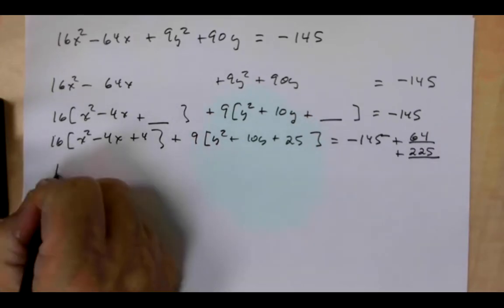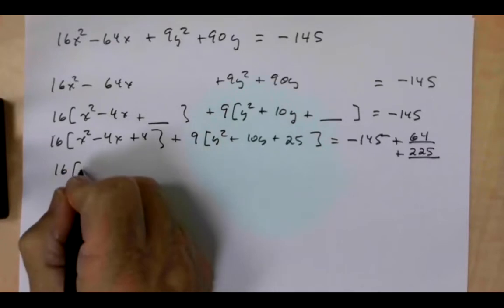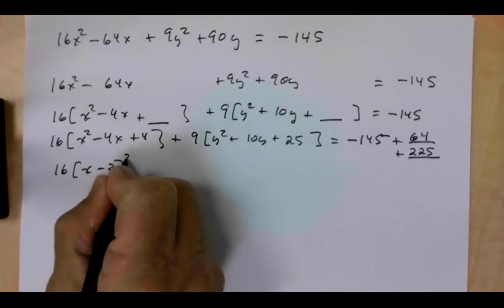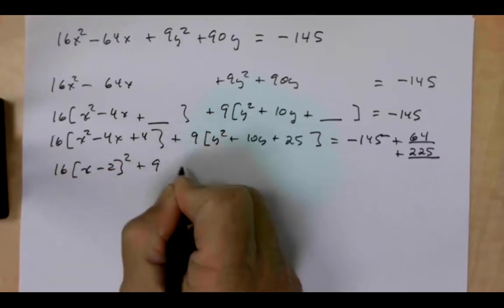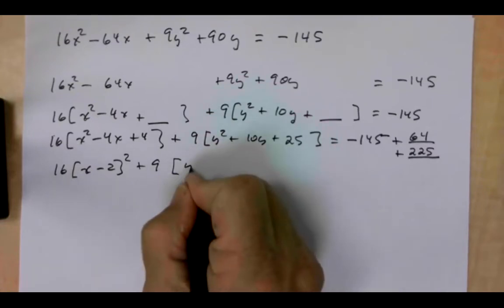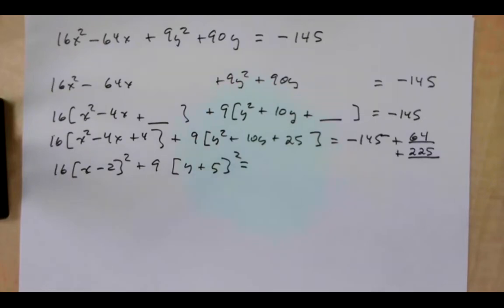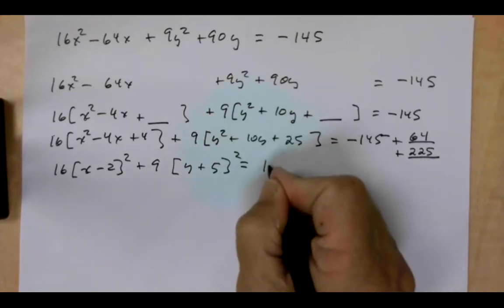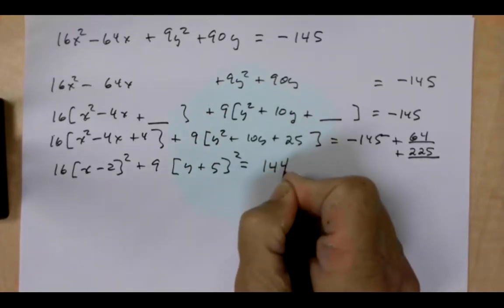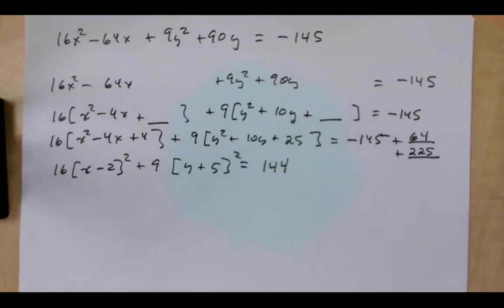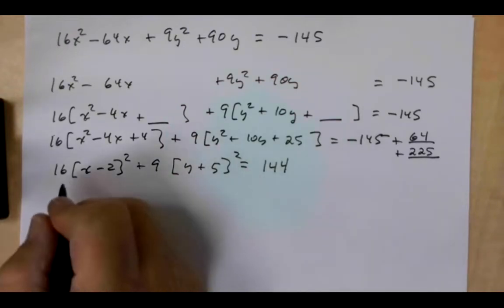Now we're here: 16 times x minus 2 squared plus 9 times y plus 5 squared equals negative 145 plus 64 plus 225, which gives me 144. So the next thing I've got to do is divide everything through by 144.